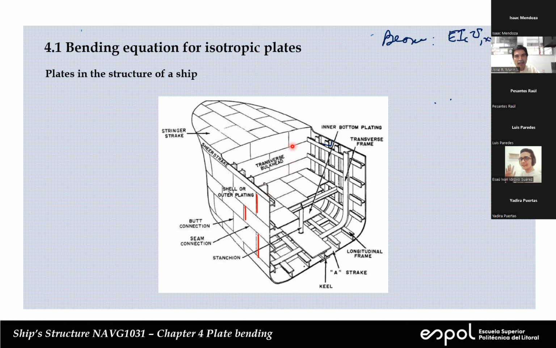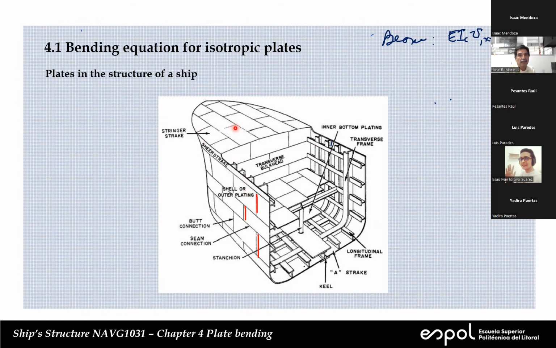Okay, we have a bulkhead, and you see that the bulkhead supports pressure in this direction, normal to the side. And here we have these elements. Okay, these are frames, transverse frames, longitudinal frames, and we have the keel here, thicker. So you can see that immediately there are many plates that we need to analyze.